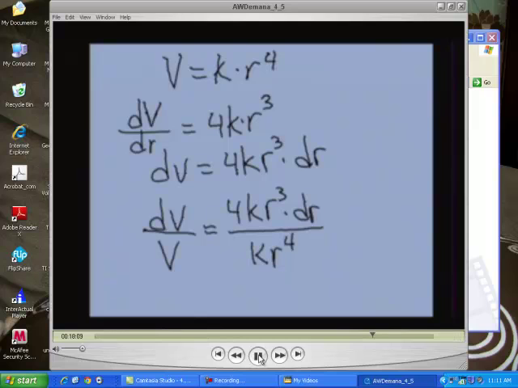So what we see here is that the K's cancel, and in terms of the R's, the entire R will cancel out all but one of the R's in the denominator.